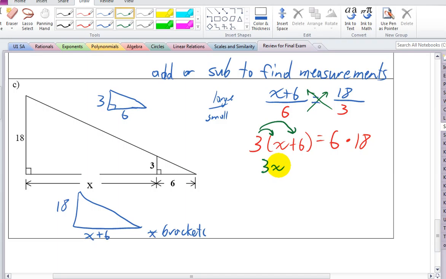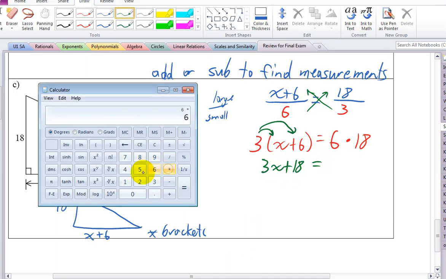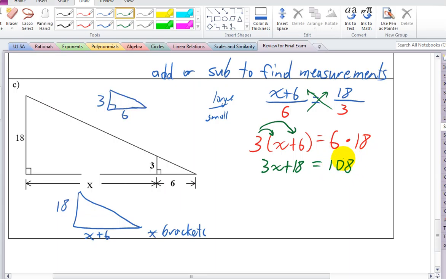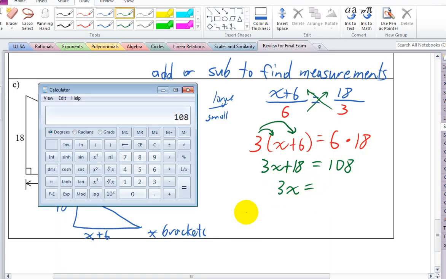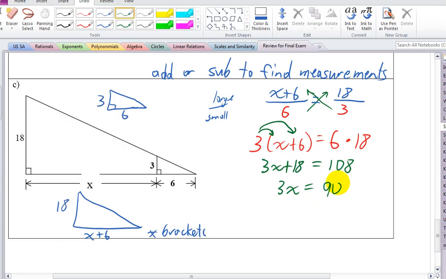So it's 3x plus 18 equals 108. Then 90. So x equals 30. Okay. The key is making sure you have brackets and then use your brackets correctly. Okay.